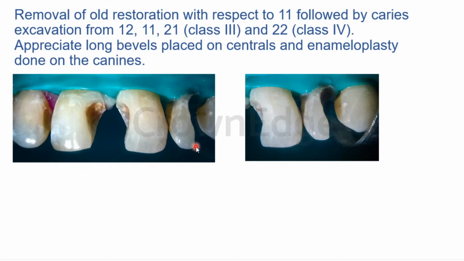So it has to be completely soaked with the bonding agent and then scrubbed over the dentine and enamel in order to make the resin and the filler of the resin get into those porosities that have been created with our etchant. So after the etching has been done, we need those resin particles to get into those enamel micro tags, right? So we need to create those micro tags.